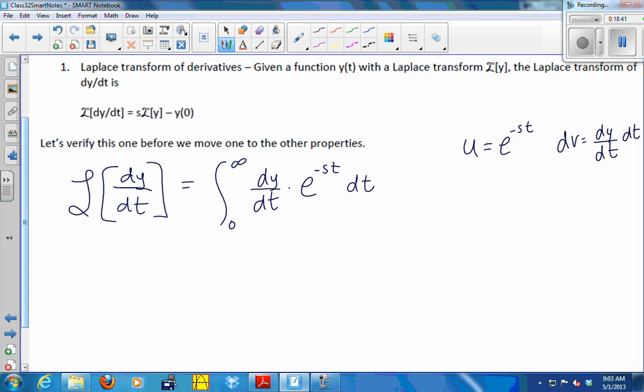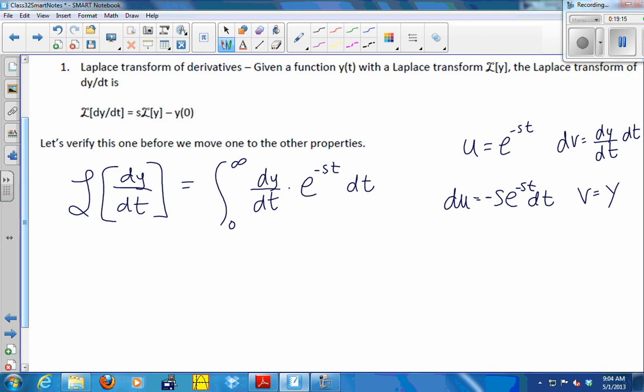So we choose u to be the e to the negative st and the rest of the integrand, dy/dt dt, to be dv. So then du is going to be negative s e to the negative st dt. Just take the derivative of u. And v, if you integrate both sides of this, you get v equals y.